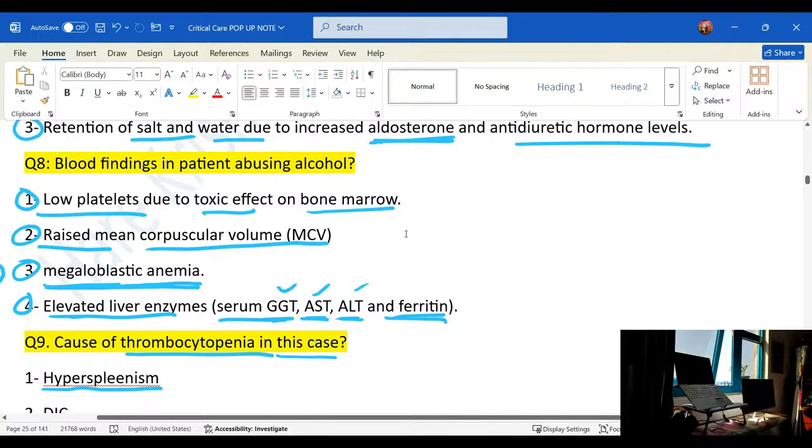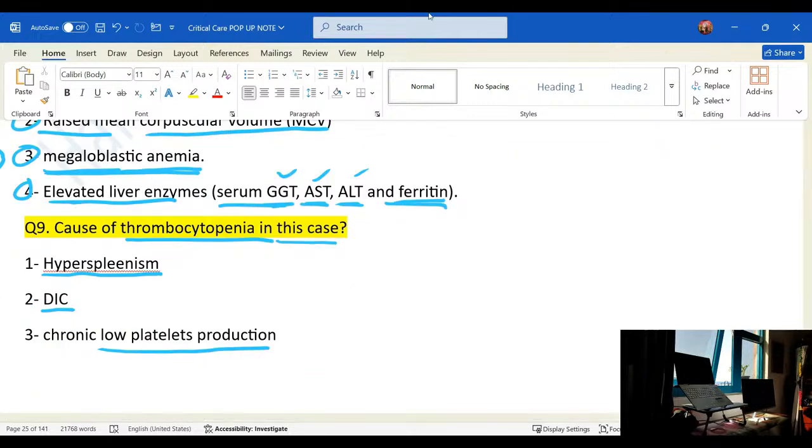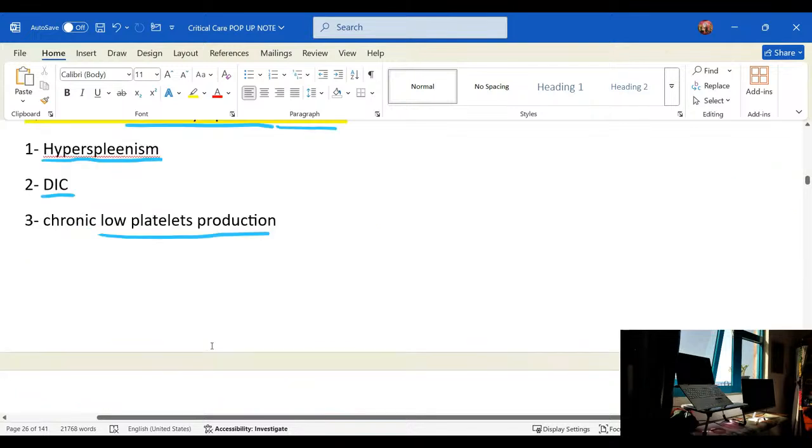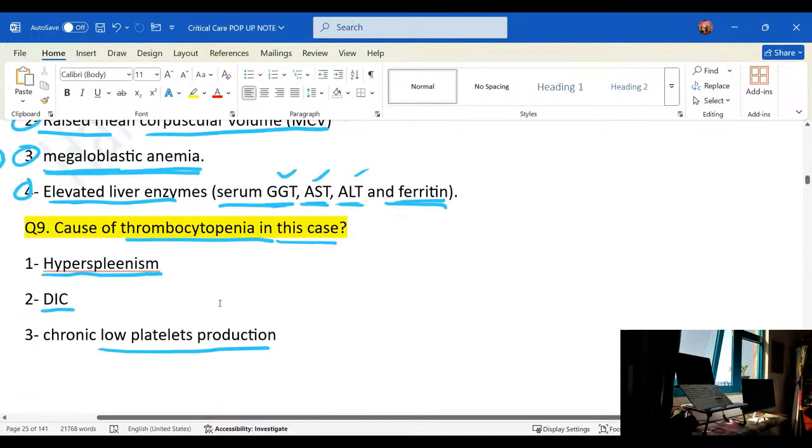Causes of thrombocytopenia in this case: hypersplenism, DIC, chronic low platelet production, and hemodilution. Why is the platelet count low?